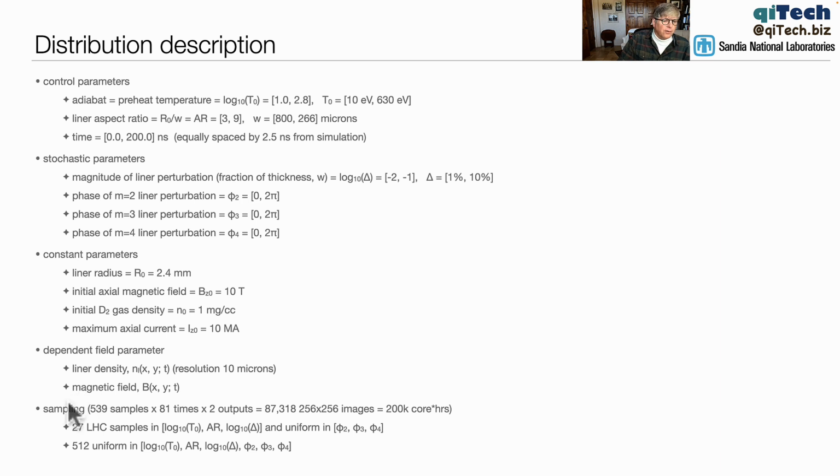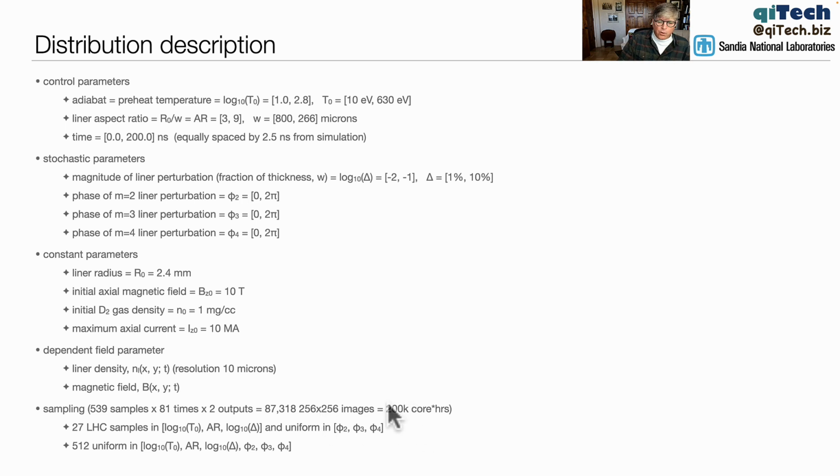Therefore, we ended up doing 539 simulations that were sampled at 81 times with 2 outputs, giving about 90,000 images, which were downsampled to 256 by 256 from approximately 700 by 700.